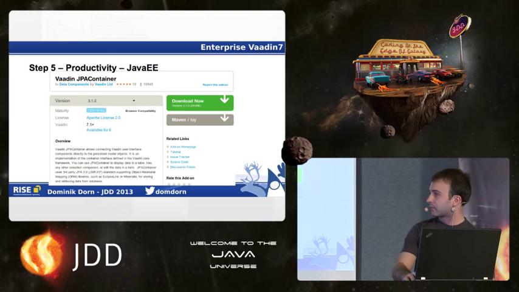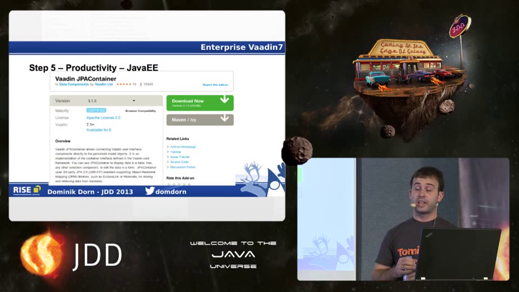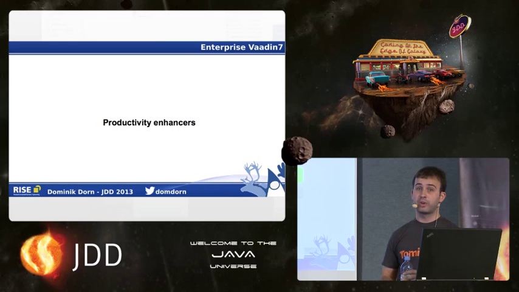Okay. Another productivity enhancer is the JPA container of Vaadin. With the JPA container, you can easily map your entities and use them in various ways, like filling out forms or populating drop-down selects.